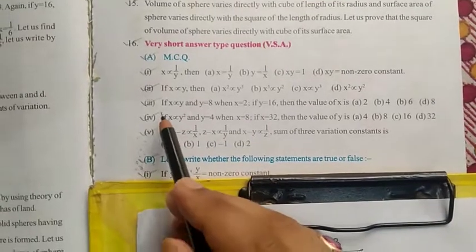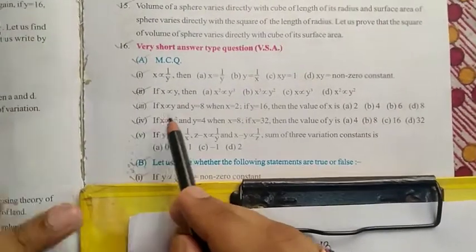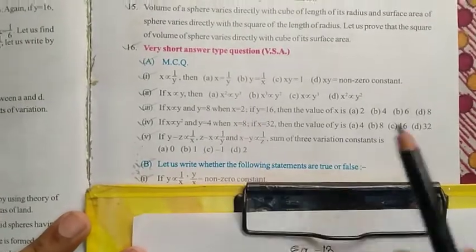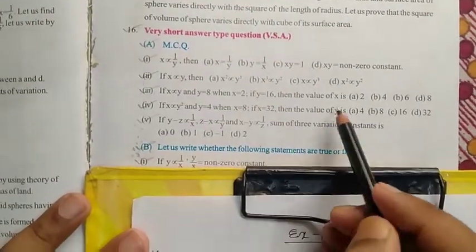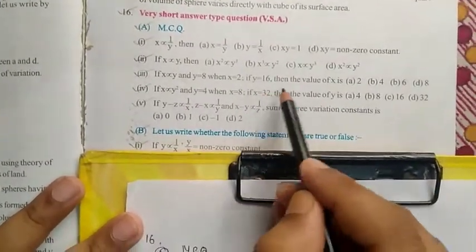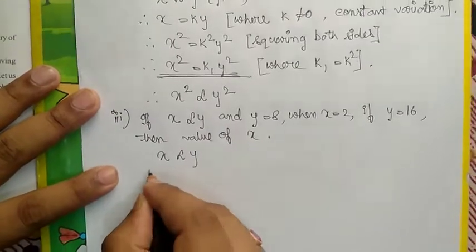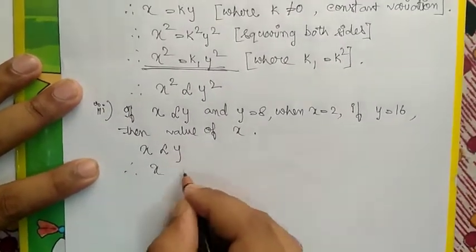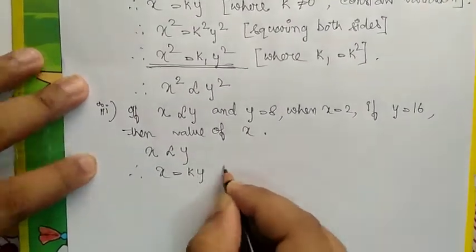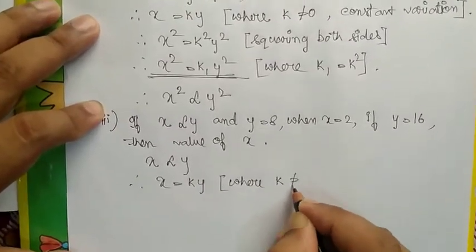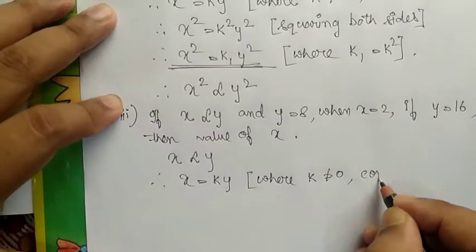This is sum number 3, 16a part 3. If x direct variation with y and y equal to 8 when x equal to 2, so therefore we have to find the value of x when y equal to 16. So now this is given, x direct variation with y. So therefore we can say that x equal to ky, where k not equal to 0 and constant variation.